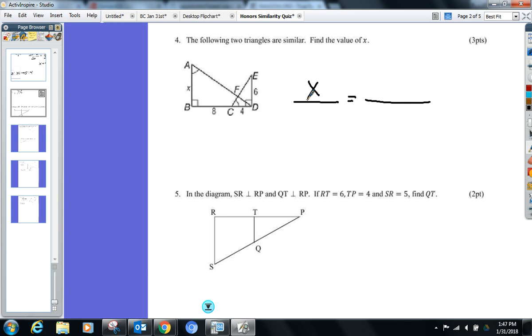So if you turn those triangles around so those angles fall right on top of each other, X would match up with 4. And what's the other side that I know in triangle ABD other than X? Not 8. Full side BD, which would have been 12, which would have matched up with your 6. Full sides only, angles on top of each other to see what sides correspond.